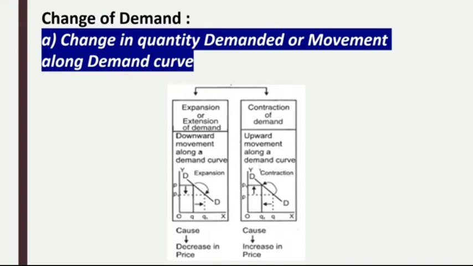Guys, if asked, you have to just explain this in this way only. You have to first write expansion or extension of demand, and then you have to write what exactly the curve will do, what the changes are, then what the causes are, and in the end draw the diagram and make sure to label it correctly.